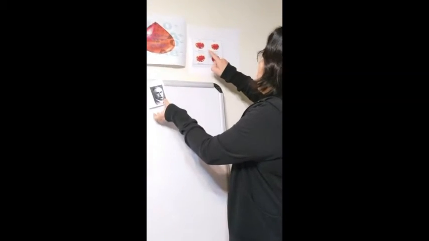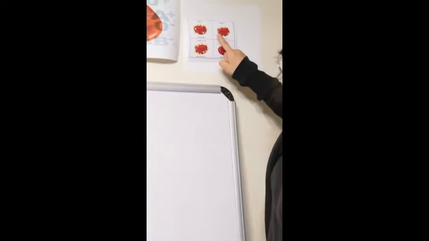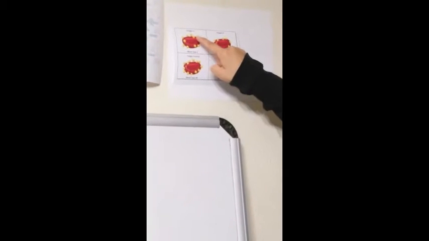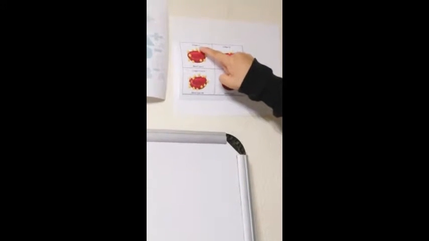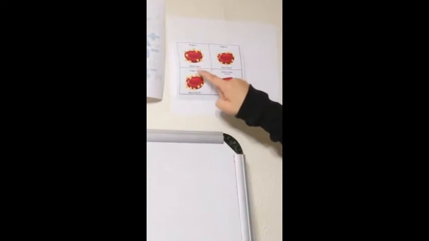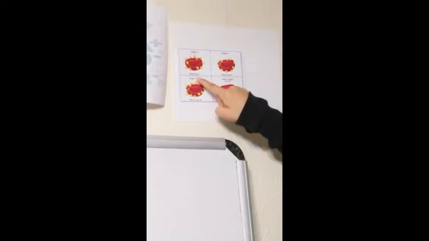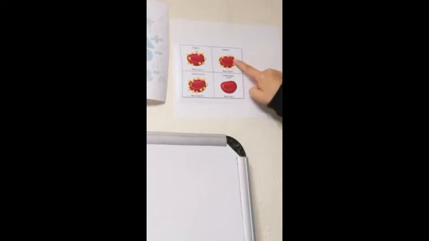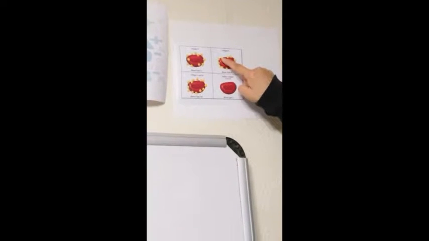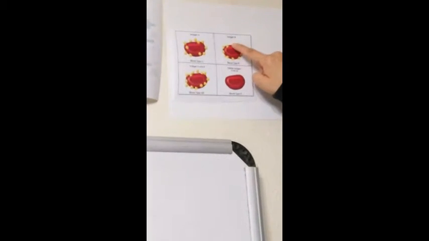For example, here on this red blood cell, on the surface, we have these little popsicles that we are going to call antigen A, and this will be blood type A. And here we have another red blood cell. On the surface, it has antigen B with the little spiky ones.